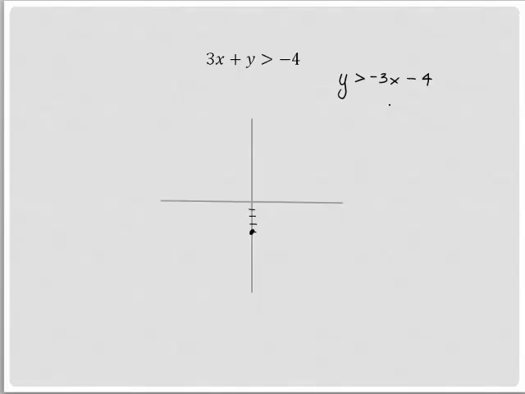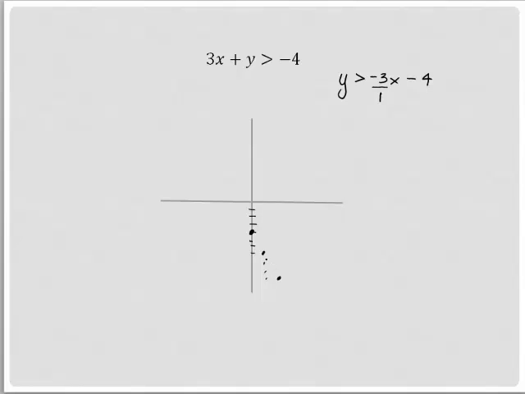And this, we can put a 1 under there, it doesn't change it. This is our slope, down 3 over 1. So we're going to go down 3, 1, 2, 3 over 1. And 1, 2, 3 over 1.